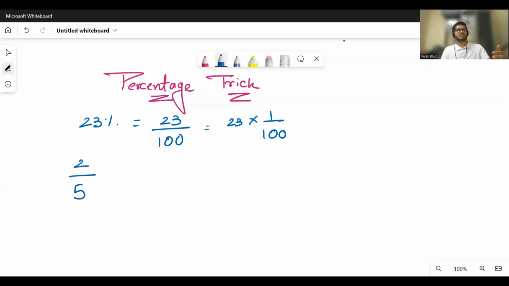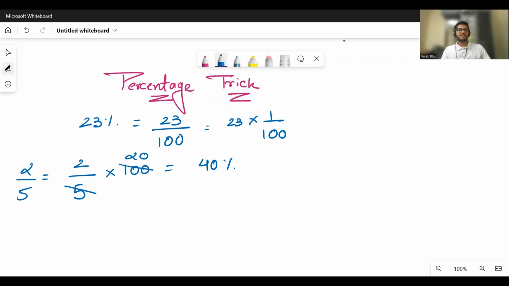So let's say we have a fraction 2 by 5, and I would like to find out what this fraction is equal to in the form of percentage. I just multiply by 100, and 2 by 5 into 100 becomes 20 into 2, which is equal to 40. So 2 by 5 is equivalent to 40%, right?